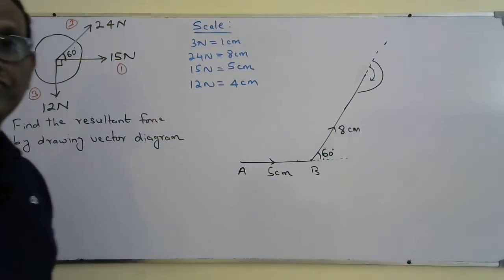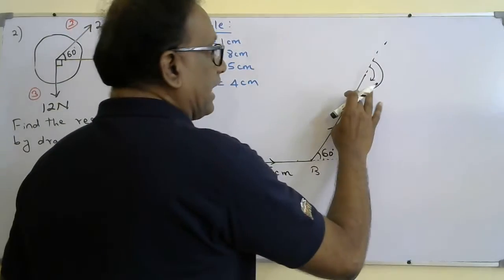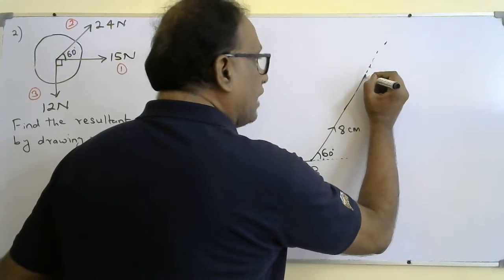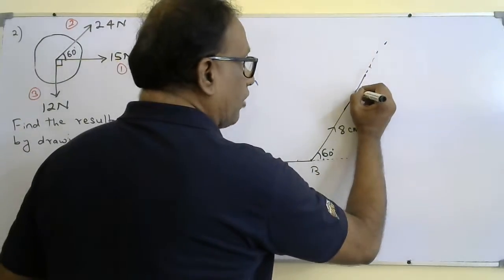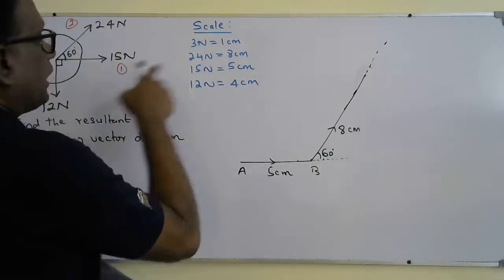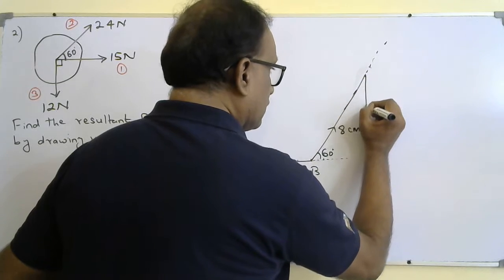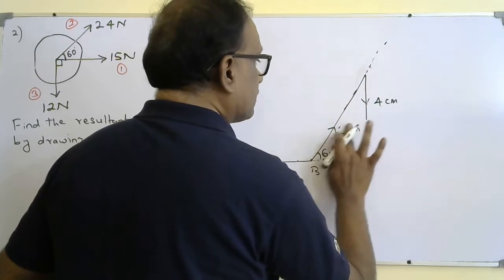If you draw, you will get exactly a vertical line. So measure 150 degree from there and draw a line that will become vertically downwards. 12 Newton means a line of length 4 centimeter.